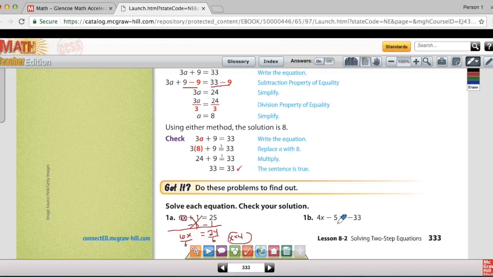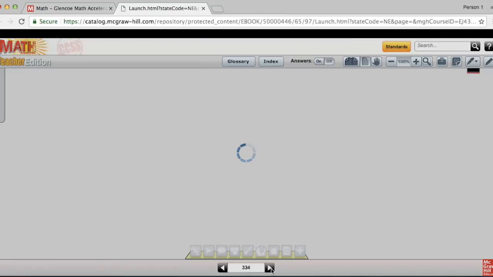And on number 1b, plus 5, plus 5. 4x equals negative 28. And divide by 4, x equals negative 7. Please have all of this work shown in your notes, just so I know that you're following along and you know the proper way to show work.